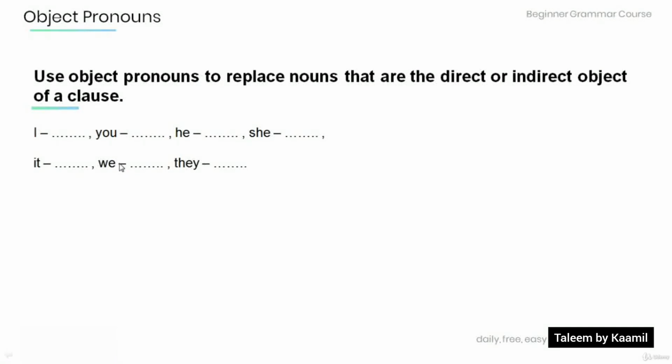Now let's review and practice a bit. Remember that object pronouns are used to replace nouns that are the direct or indirect objects of a clause or a sentence. Let's have a look at the pronouns below. What is the object pronoun of the subject pronoun I?